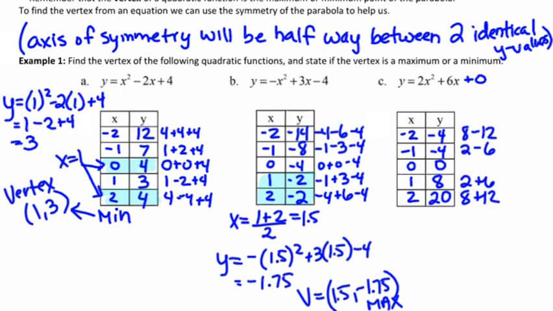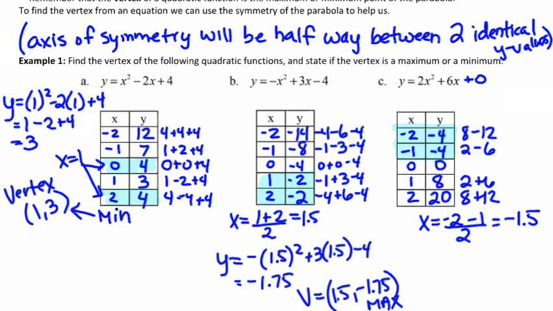Okay, so again, identifying our identical y values. My x value for my vertex will be in between negative 2 and negative 1. So negative 3 divided by 2 now. So I should have the same thing as before, just a negative 1.5. However, we can't just assume that our y value is going to be a positive 1.75 like our last question.